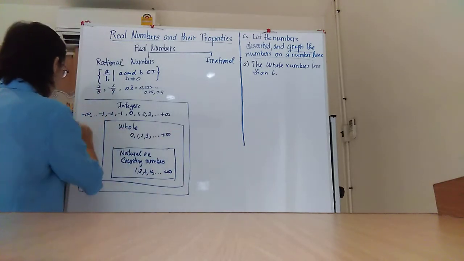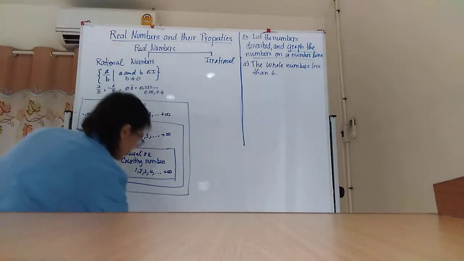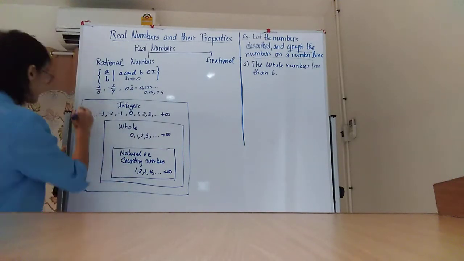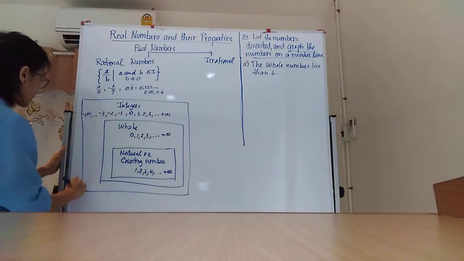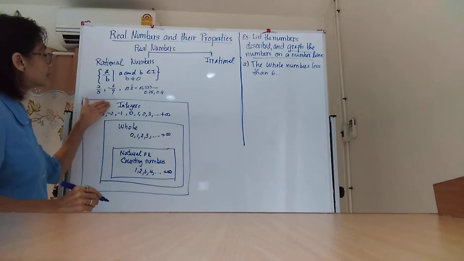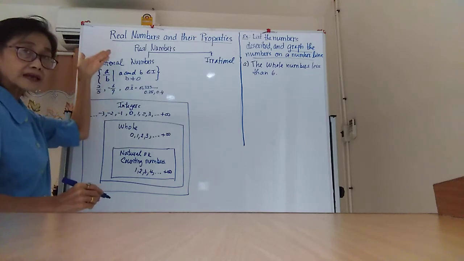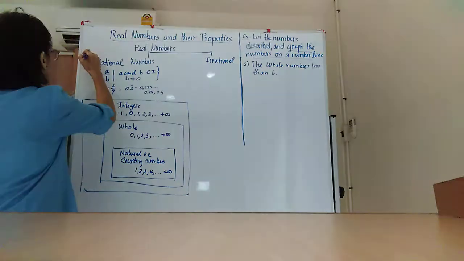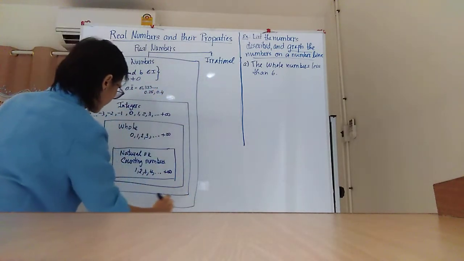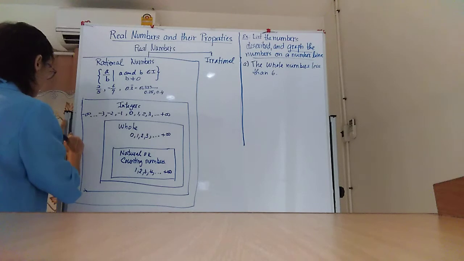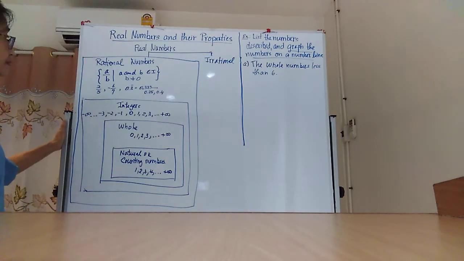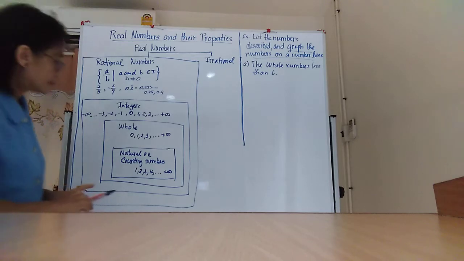We can write this in a diagram, maybe easier to remember for each type of number, right? Now, we know whole numbers and integer numbers are subsets of rational numbers. So we can write it this way. Now it's clear, correct? So, okay.